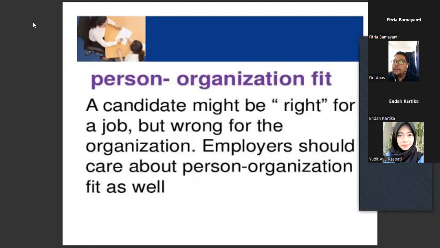Okay, so this is person organization fit. A candidate might be right for a job but wrong for the organization. Employees should care about person organization fit as well.